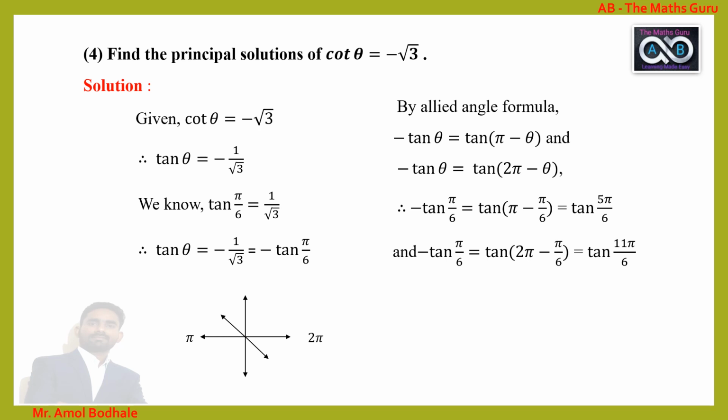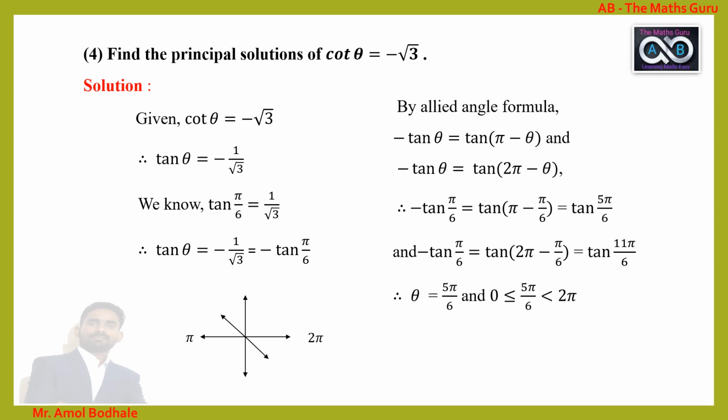So here tan theta is equal with minus tan pi by 6, and minus tan pi by 6 is equal with tan of 5 pi by 6 as well as tan of 11 pi by 6. So we can compare here and we can say theta is equal to 5 pi by 6 and 11 pi by 6. So therefore theta equal to 5 pi by 6, where 0 is less than or equal to 5 pi by 6 less than or equal to 2 pi.